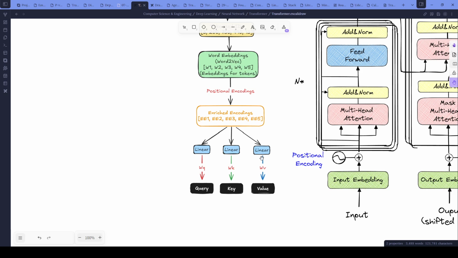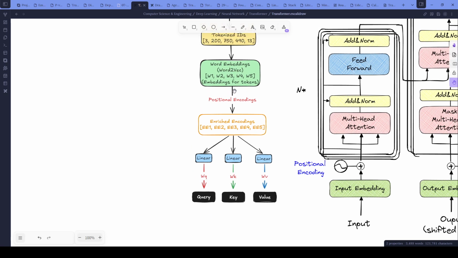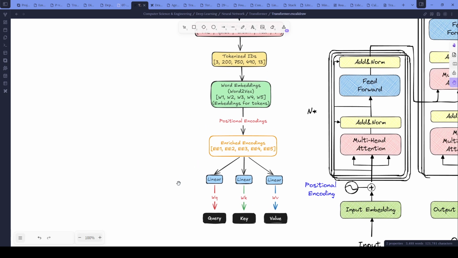So we'll get three different matrices, all three of them of dimension n times d model. The query space, key space, and value space can be much smaller than the word embedding space itself.